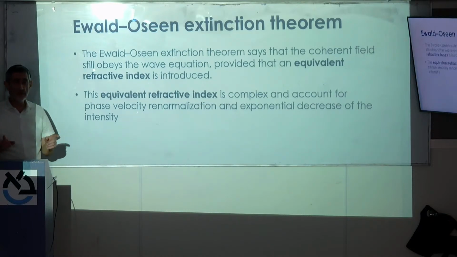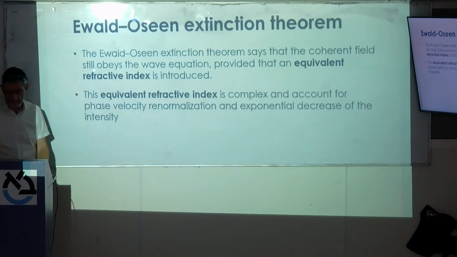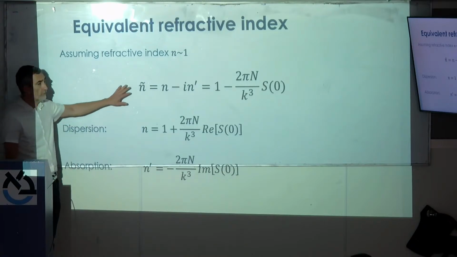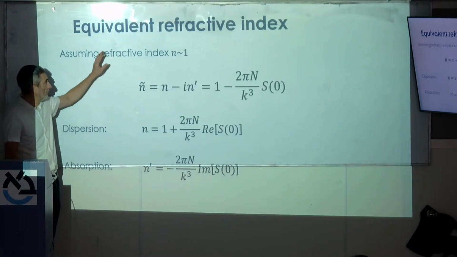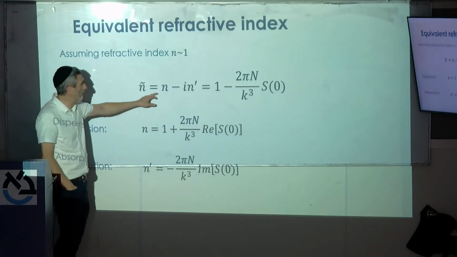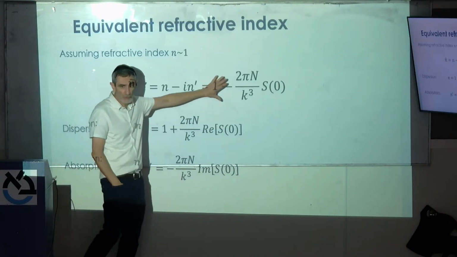You remember the Beer-Lambert formula, which describes the light which is lost by scattering. So actually it writes like that. The equivalent index of refraction in this theorem tells you that you have two components, a real part and an imaginary part, which is given by this expression.